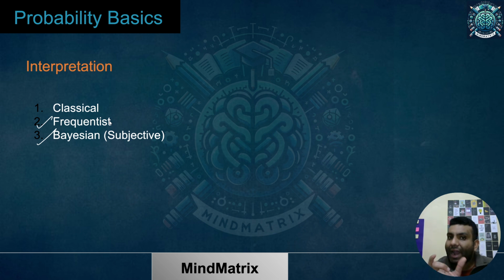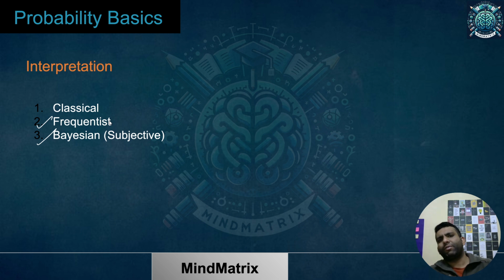By using these words, we are making sure that every outcome has equal chances, equal probabilities. That's what the classical approach is.